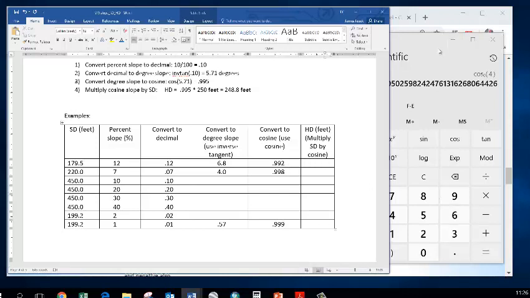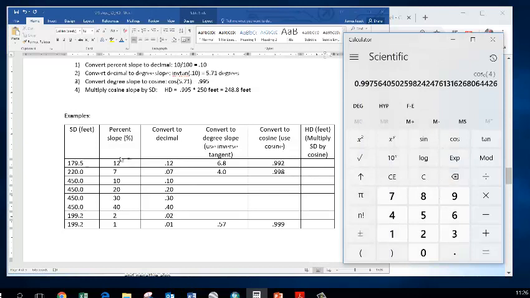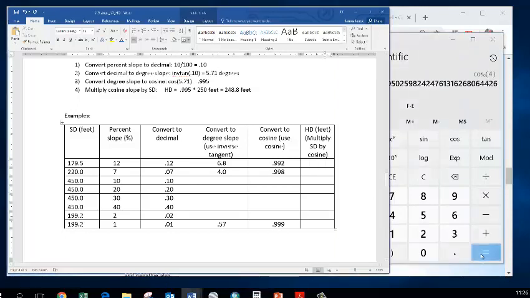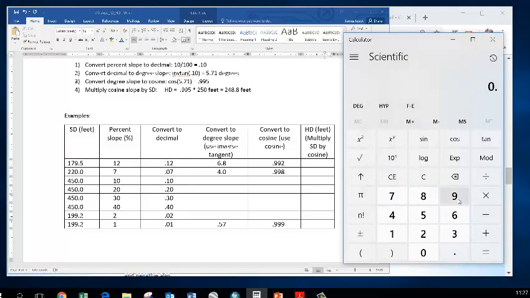Okay, so in order to get these answers now, I just simply multiply my slope distance by that relationship between slope distance and horizontal distance, and it gives me the horizontal distance of 0.992 times 179.5.